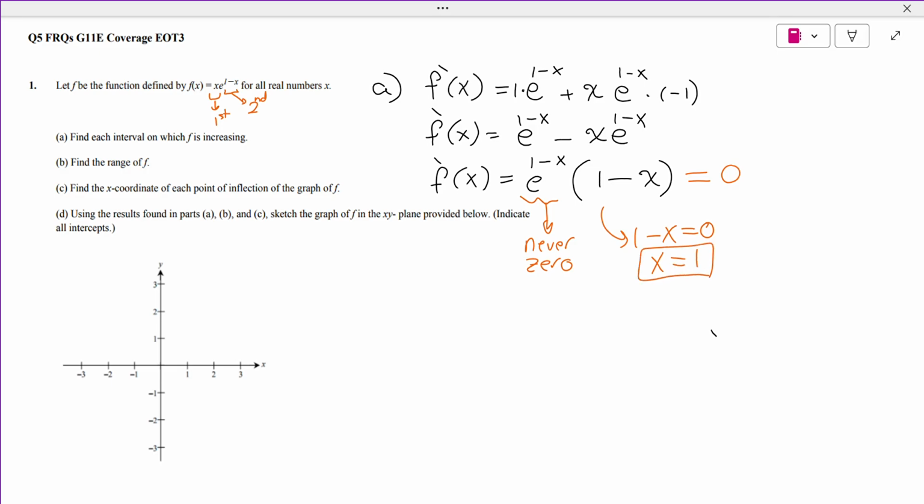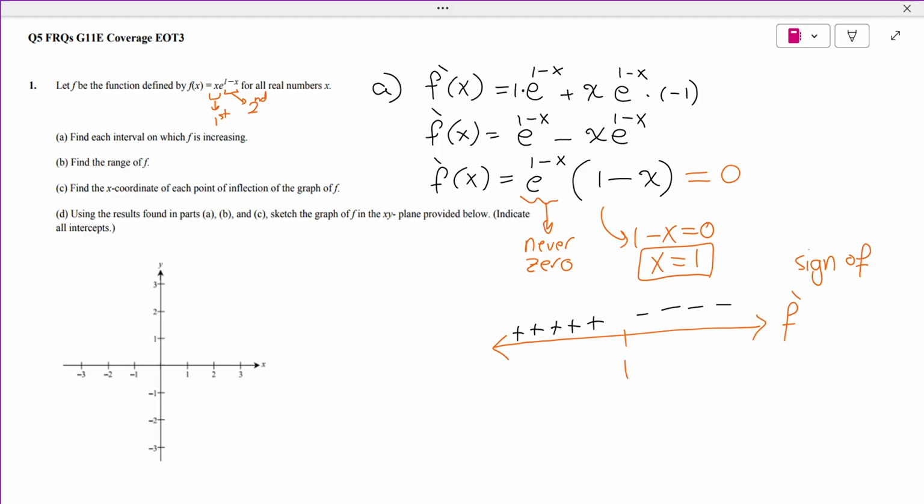After that, you have to investigate the sign of the derivative on the number line. You have 1 here, and let's check the sign of f prime. If you choose a test point bigger than 1, like 2 for example, it will be negative. And if you choose 0, that would be positive.